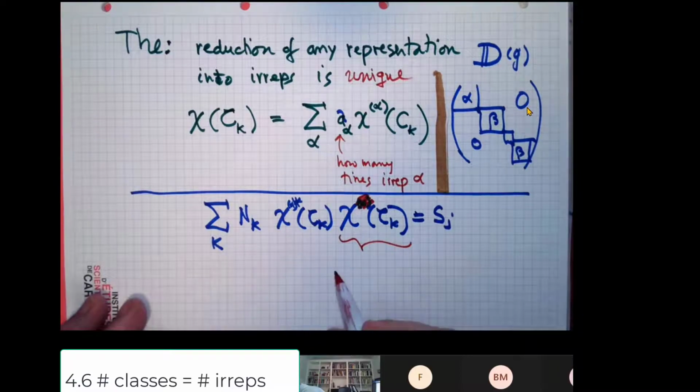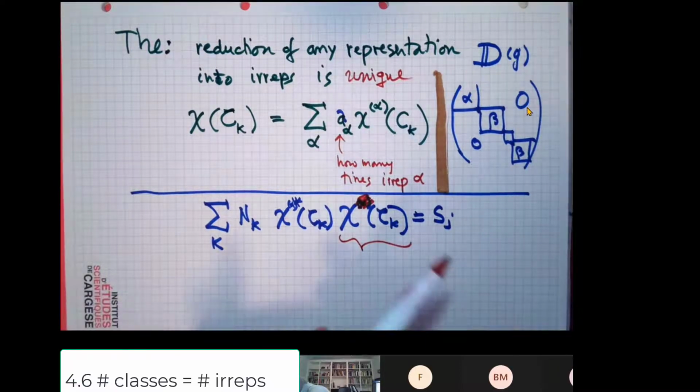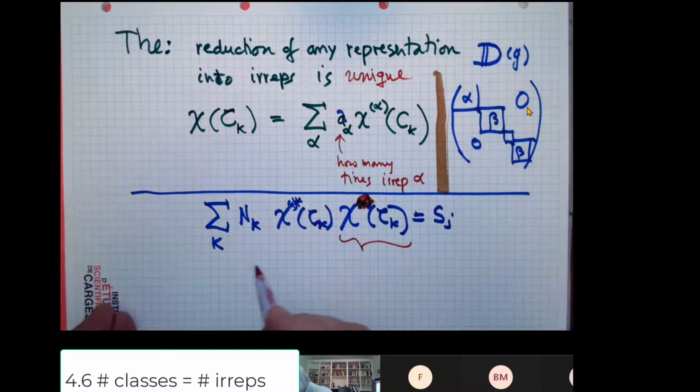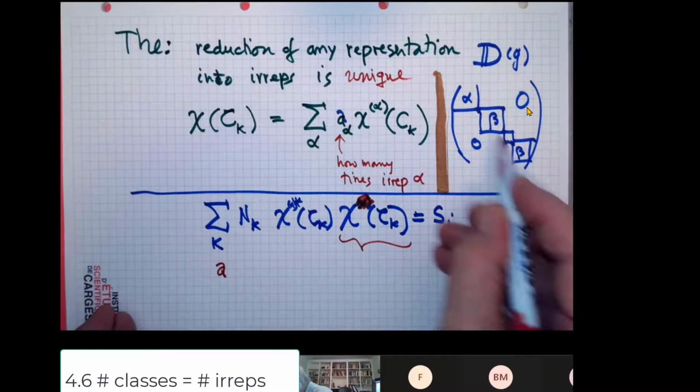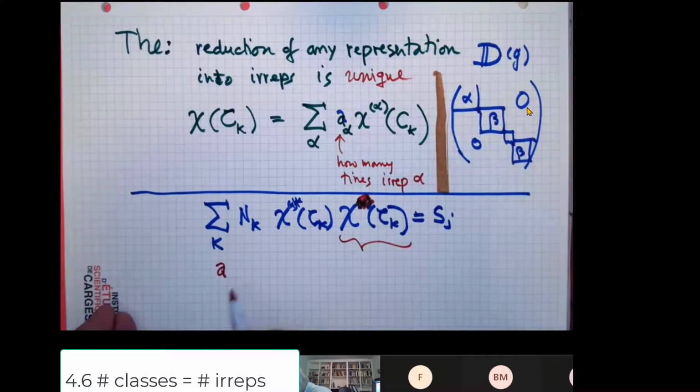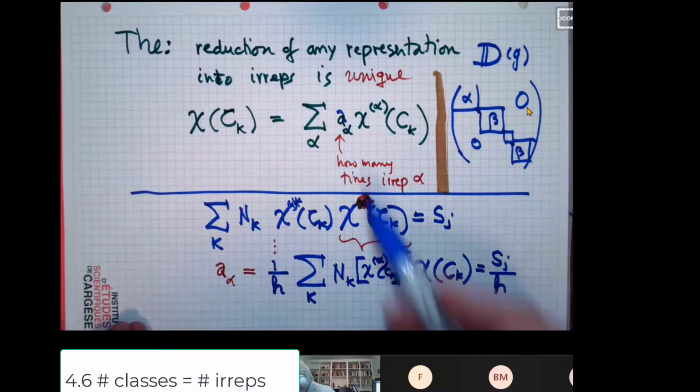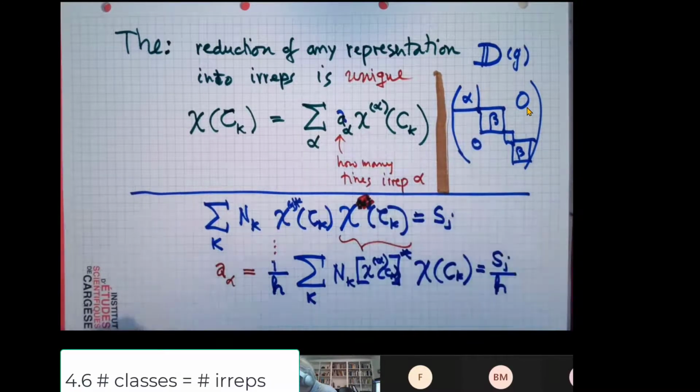So I get a formula that is this integer, how many times the thing happens in this whole projection, dot, dot, dot, alpha. So this gives me the number of times an irreducible representation shows up in my reducible representation.